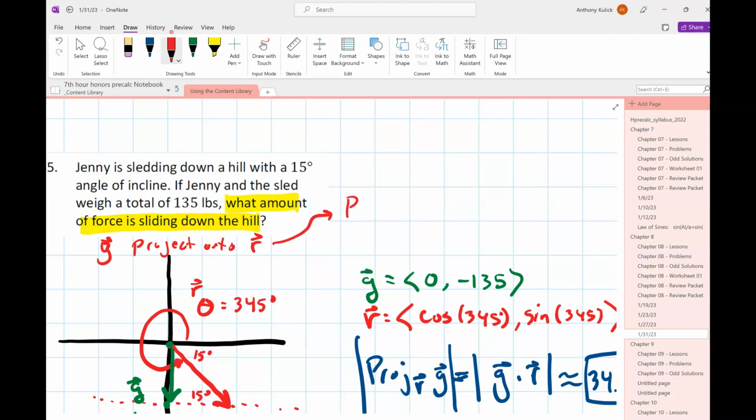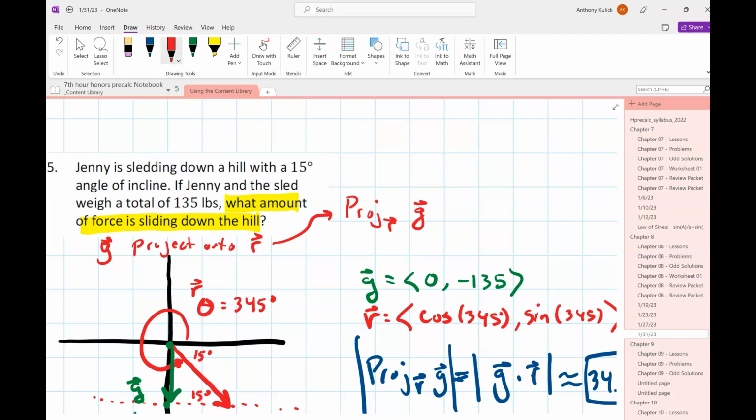You'd say the projection, and the thing that you're projecting onto is the subscript, and the vector you're projecting is the argument. So what's already there, like the hill, the thing that's not a force, will be the subscript. Yes, and the thing that is a force will be the argument. Got it.